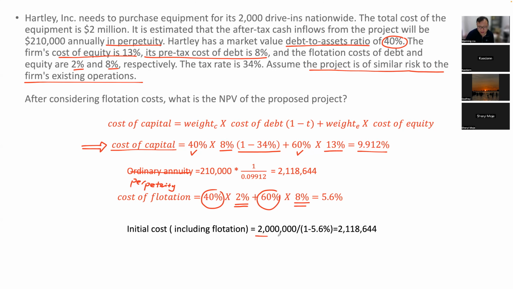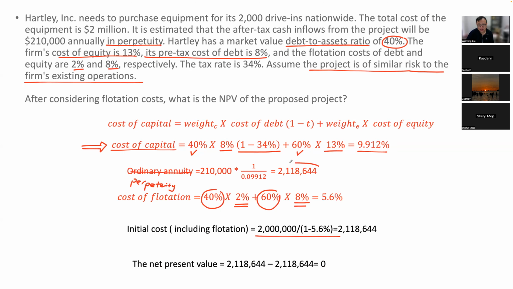So the formula is the amount you want to raise for the company, $2 million, divided by 1 minus the cost of flotation. That gives you the actual initial cost, which is $2,118,644.